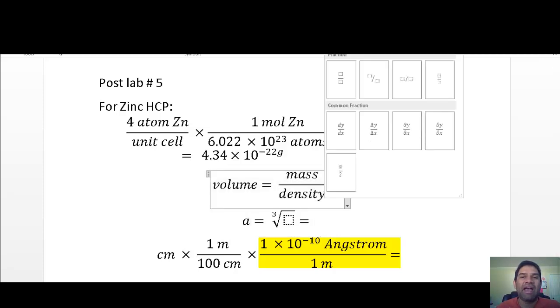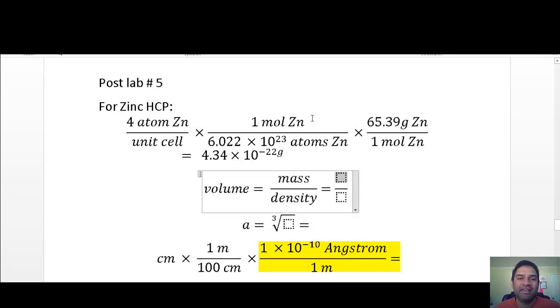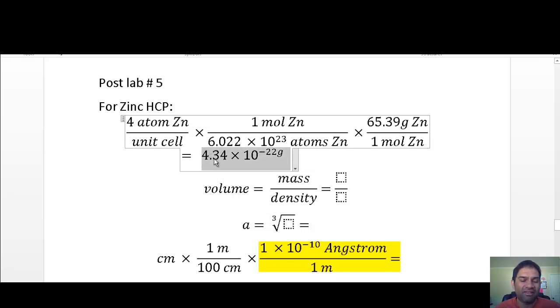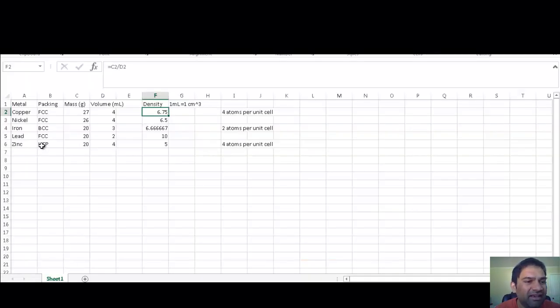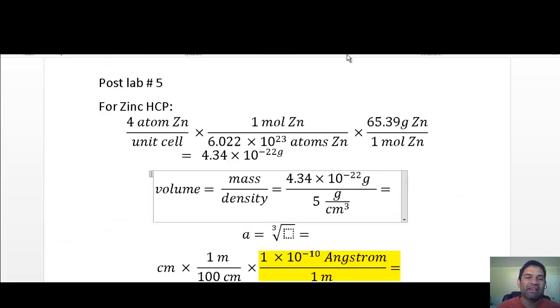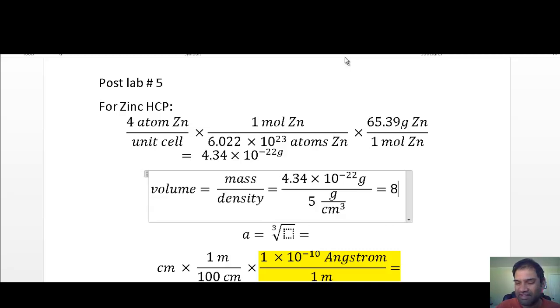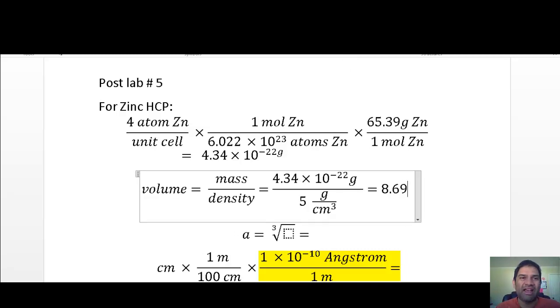So the mass that we just calculated is this 4.34 times 10 to the minus 22 grams. The density of zinc, what did we get for our density of zinc? I got a value of about 5 grams. So doing this on my calculator, I'm getting a value of about 9 times 10 to the minus 23 centimeter cubed, or 8.69. So we can round it up to 9.